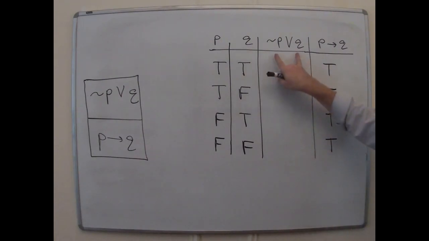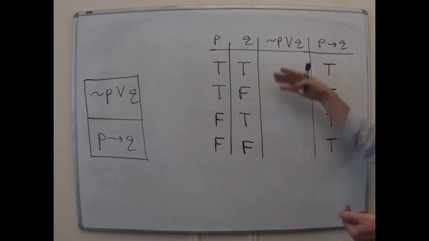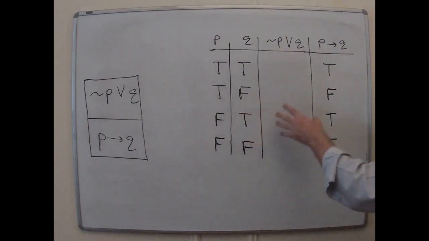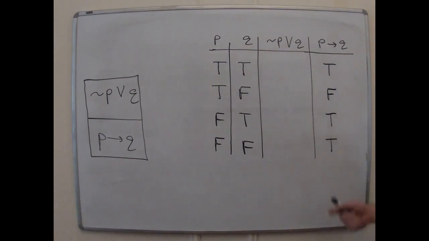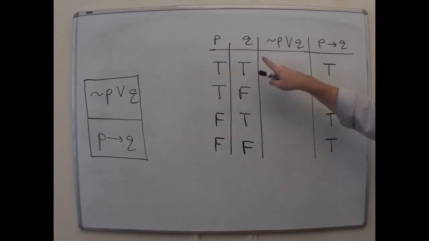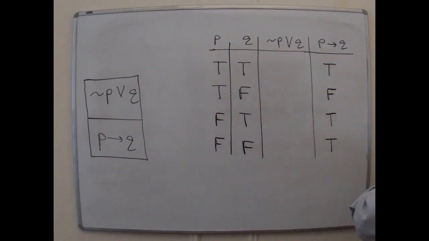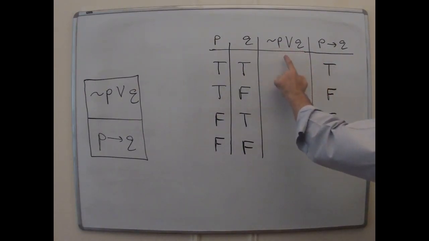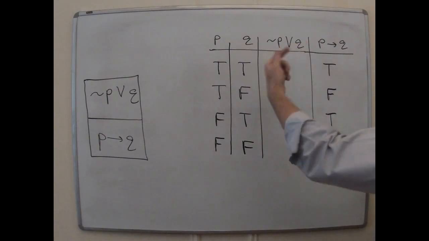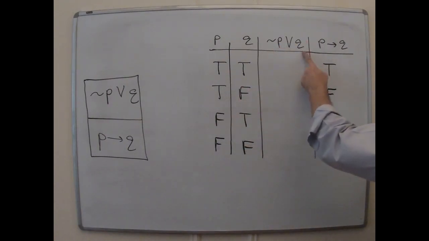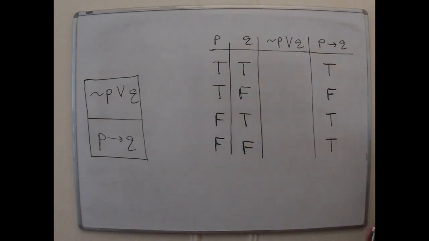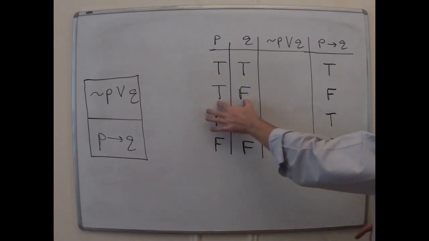An OR sentence is going to be false in exactly one location and true everywhere else in this 2x4 setup. Which combination of truth values for P and Q has false on both sides? Because of the not, we want P to be true so that not P is false, and Q to be false because Q's unadorned. So it's this row.